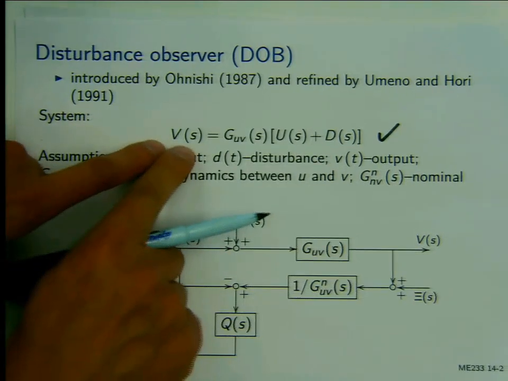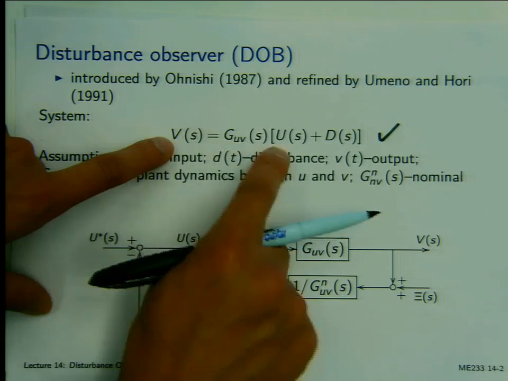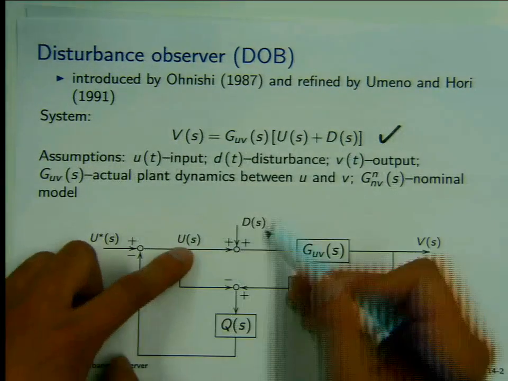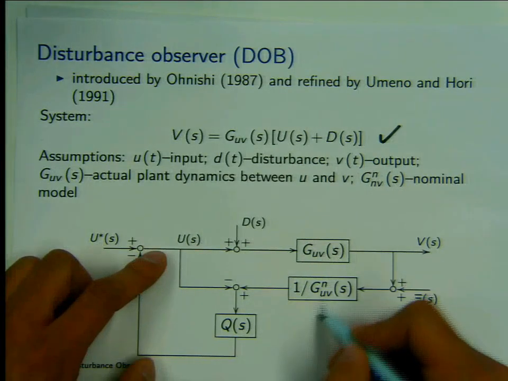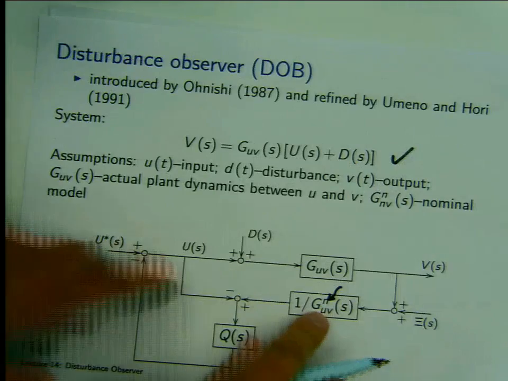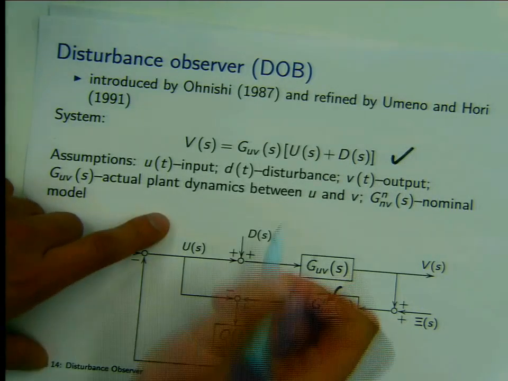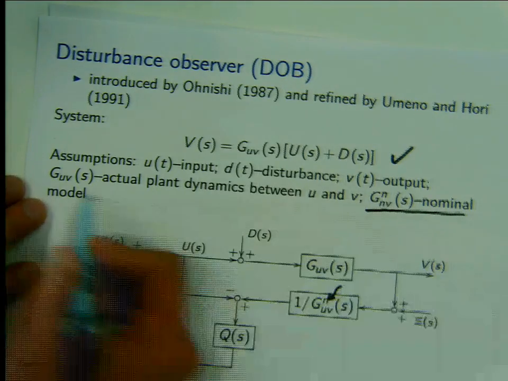Okay, so in more detail, this is what I mean. The dynamics of the system is like Vs, the output, is GUVs times the input plus the disturbance. When I use GUVN here, with a superscript n, I mean it's a nominal model of GUV.